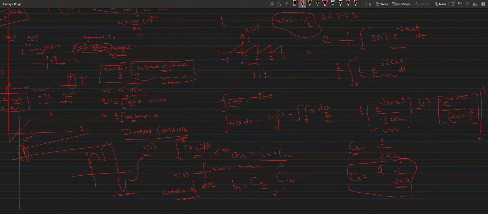At t equals 0, it will become infinite. Next, if I take something like this, this is absolutely integrable, with finite maxima and minima, and also it has a limited number of discontinuities. Correct?